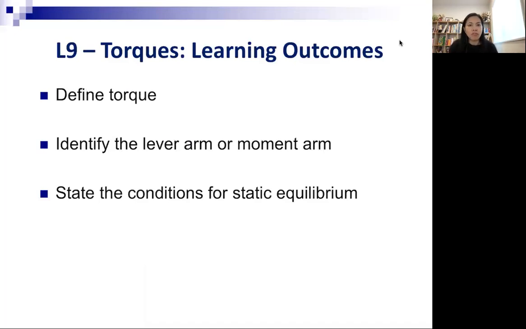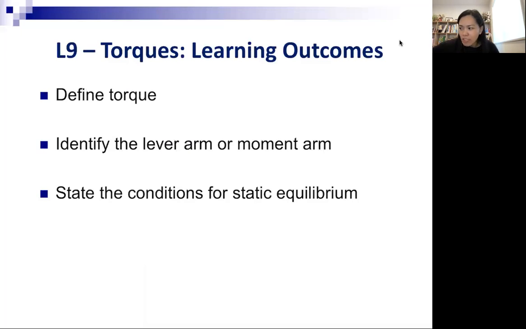So that's what we've learned last week. We've learned that if the net force is equal to 0, then the acceleration is 0, and therefore the object will move with the same speed and in the same direction, or it will remain at rest if it's already at rest. And if the net force is not 0, then that net force will cause the object to accelerate.